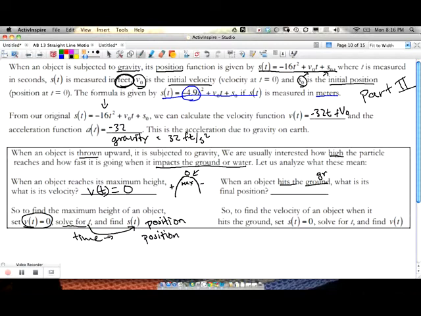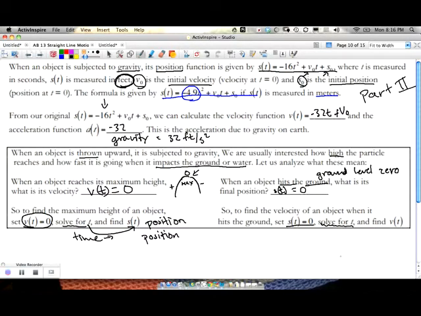Okay, now reverse order here. When an object hits ground, as in ground level, zero, that means that its height, or its position, s of t, equals zero. So to find the velocity of an object when it hits the ground, we know the position was zero, then we solve for t.